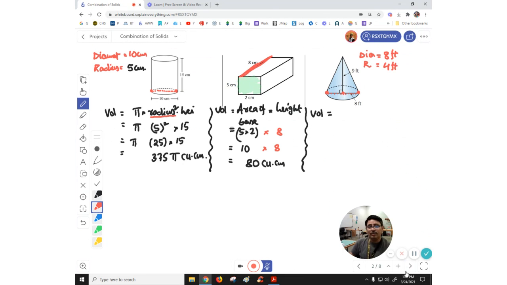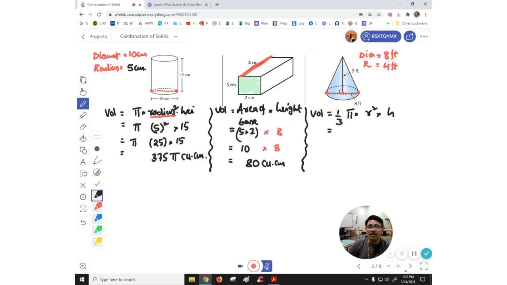Now, as I mentioned before, please don't forget, if diameter is given, don't bother about the rest of the question. First, compute the radius. Then only write the remaining formulae. So volume equals 1/3 pi times radius squared times height.